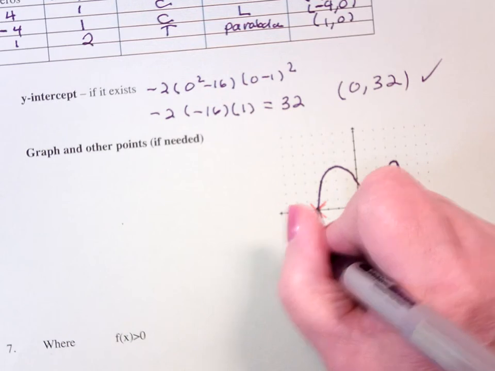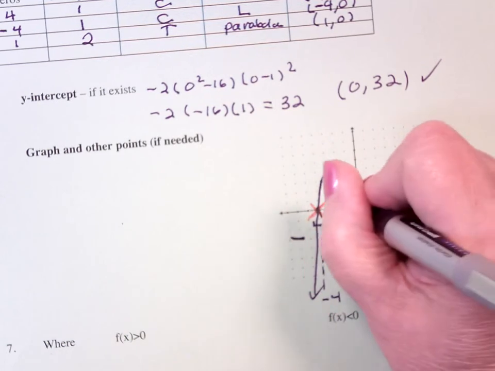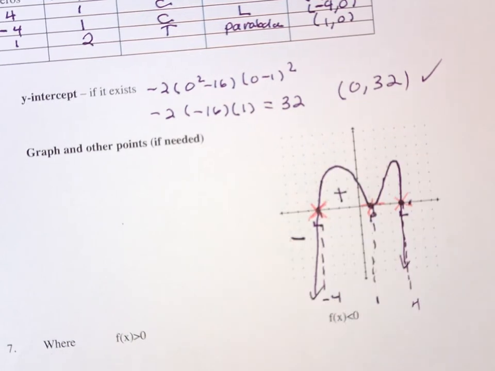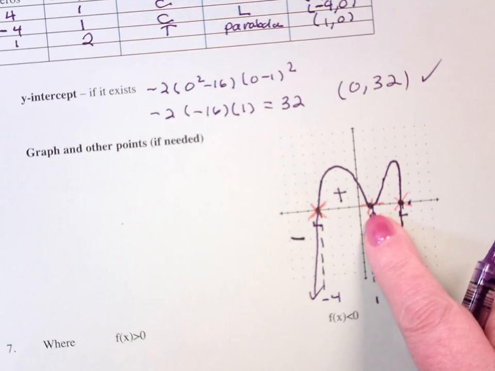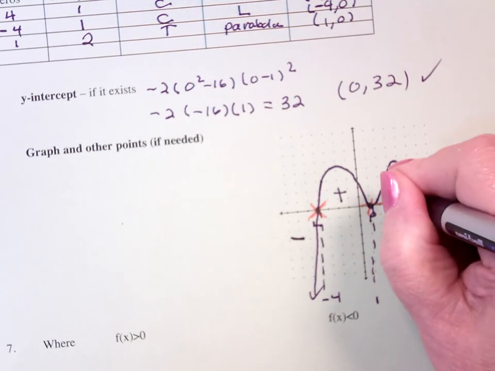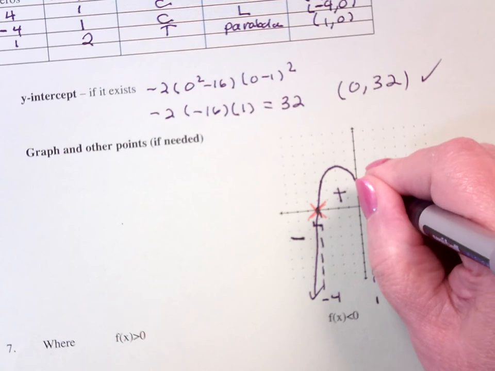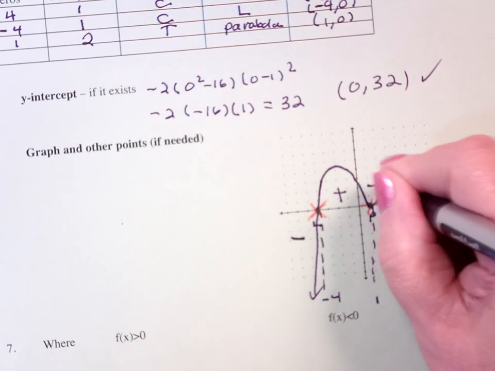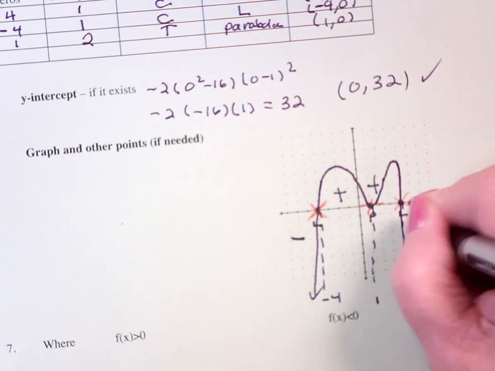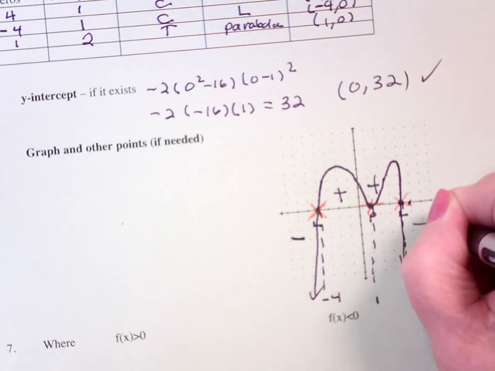Y is negative, the graph crosses, y is positive. The graph touches, what happens to y? Nothing. It stays positive. The graph crosses, goes to negative.